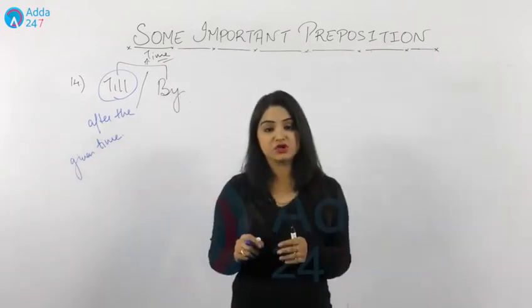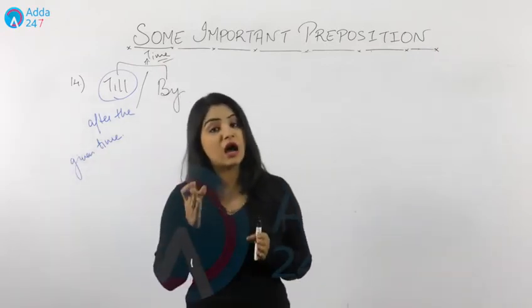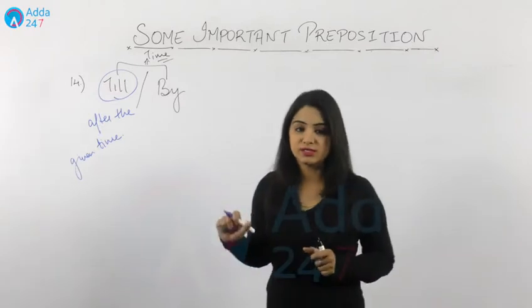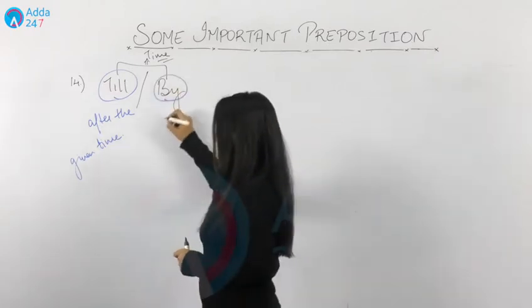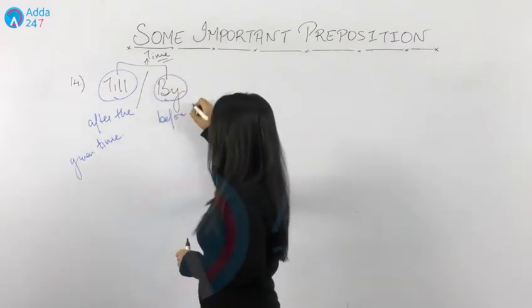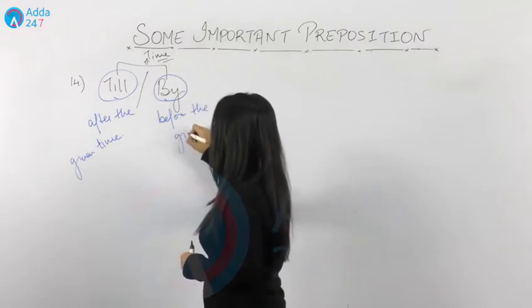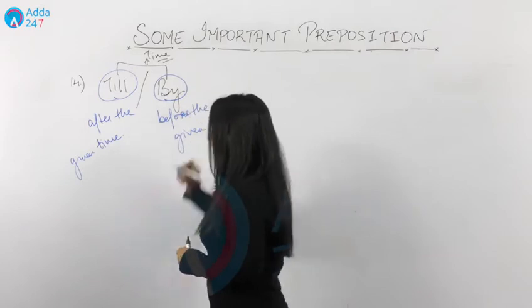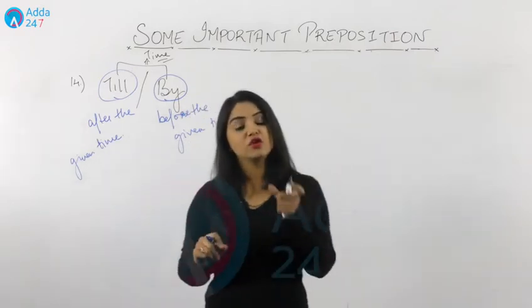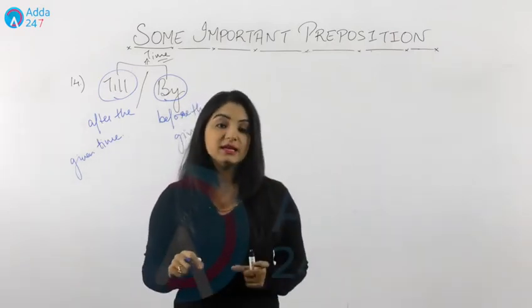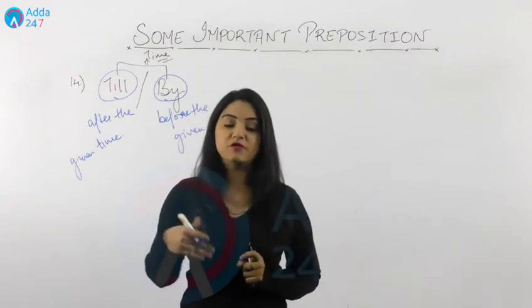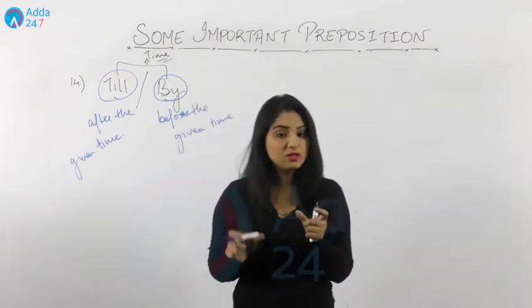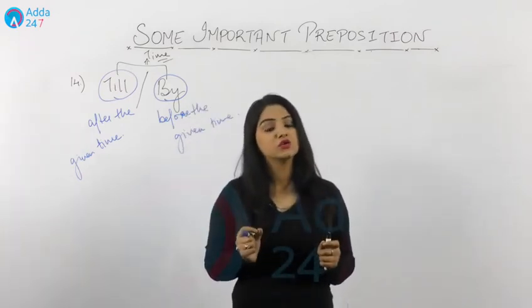Whatever time is mentioned, when we have to talk about after that, then we use till. But when we have by, it means before the given time. So in short, whenever you mention a time, if you have used till, it means after that. And if you have used by with an exact time, then it means before that.